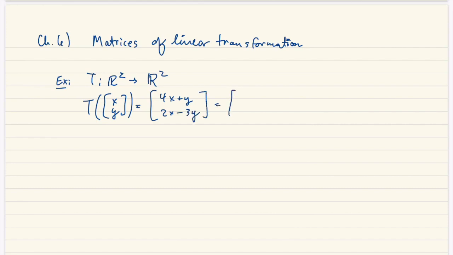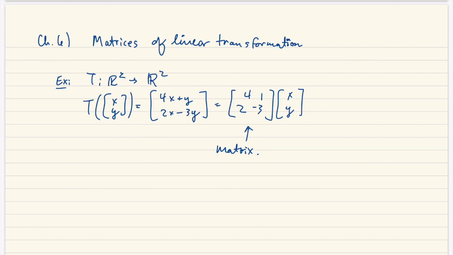And this is nothing other than multiplying (x, y) by the matrix 4, 1, 2, negative 3. And this is the matrix that gives us our linear transformation. So this linear transformation is nothing more than multiplying this vector (x, y) by this matrix.